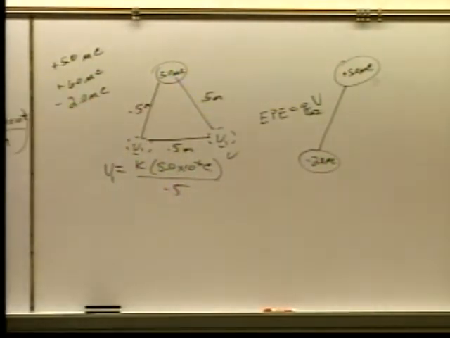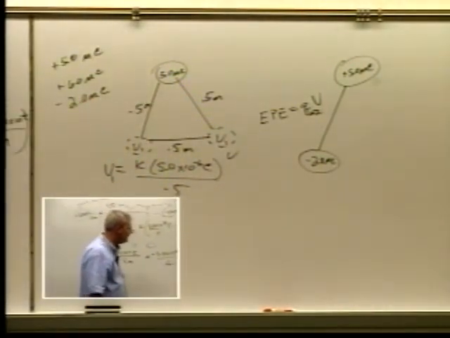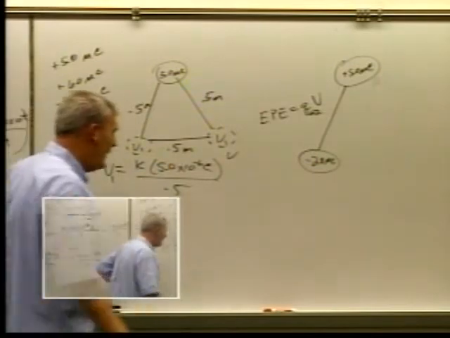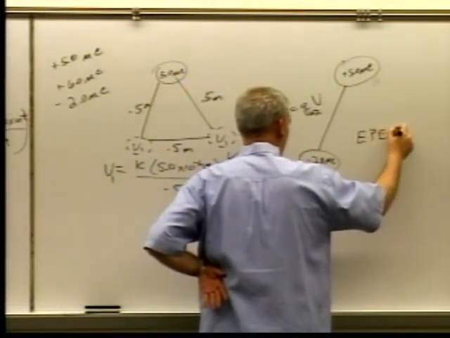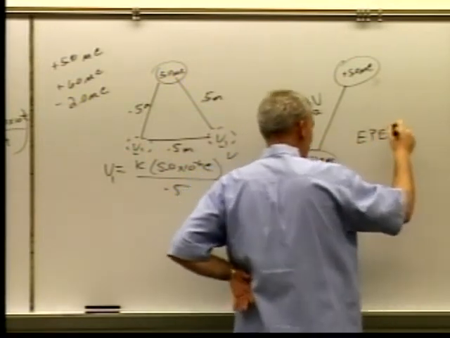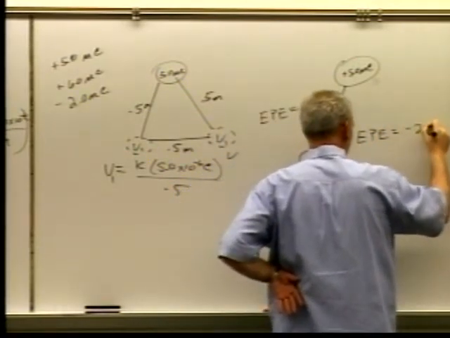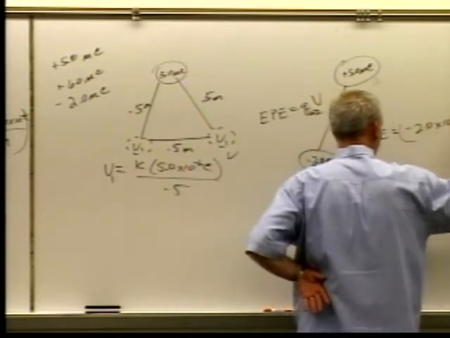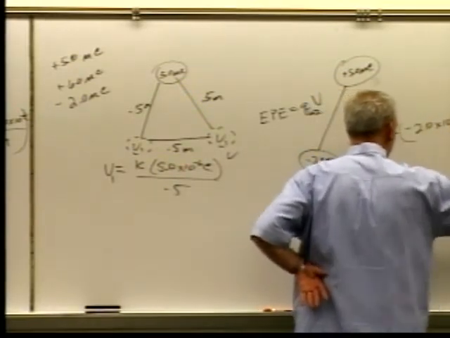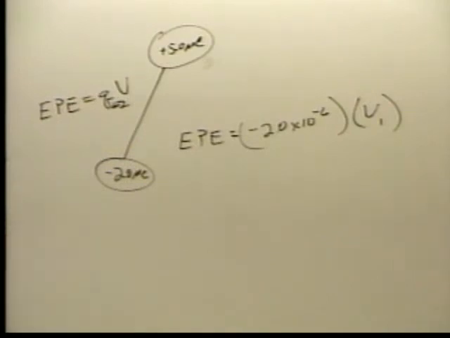The EPE is going to equal Q times V, where Q is him, the negative 2. So far, the electric potential energy that we've used is going to equal negative 2 times 10 to the negative 6 times V1. Did I do it in the opposite order of the book? I probably did. I don't know what that number is.